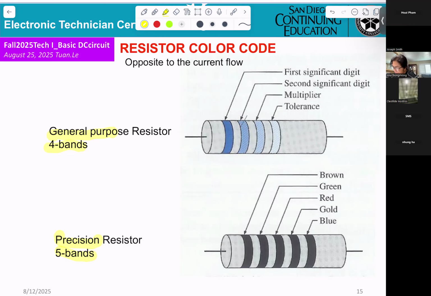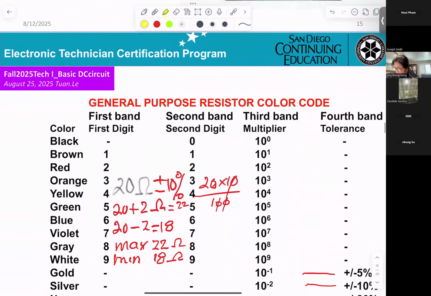If you go to buy one resistor, 4-band costs you 5 cents. However, if you buy precision, 5-band, it costs you 25 cents. The thing is, precision is more accurate than general purpose.